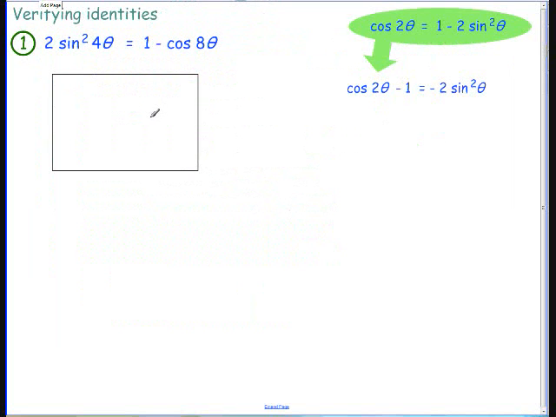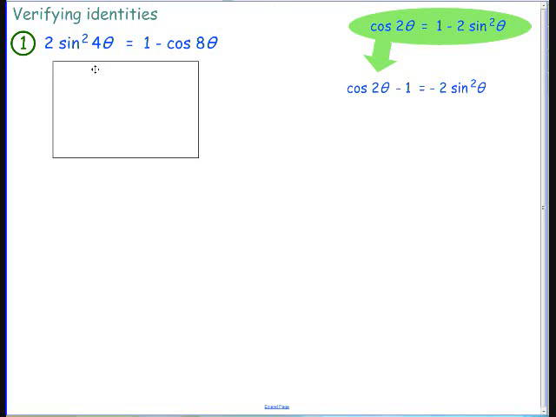Well, let's try one here. I'll go through these fairly quickly. Let's see, verifying identities. Now in this case, we've got 2 sine squared 4 theta.